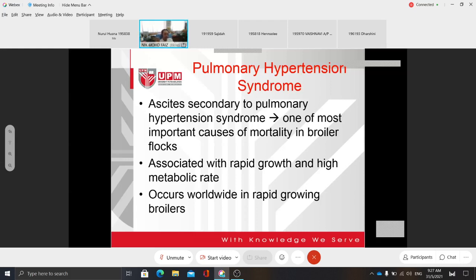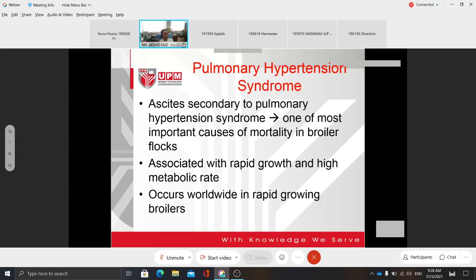What really happened is they get fat, they get big so fast because of genetic selection. You take the highest rapid growth and breed it with another rapid growth chicken, and then you get very big chickens. On top of that is good management.